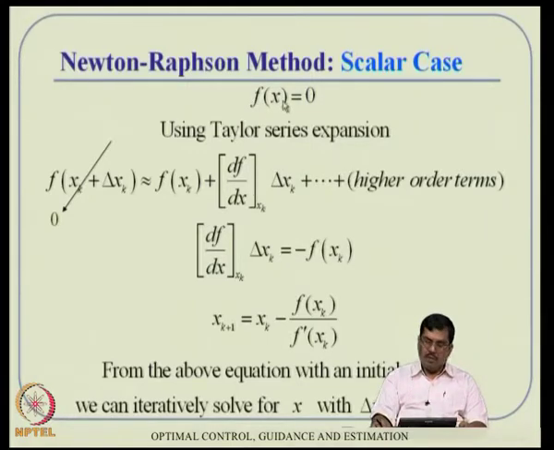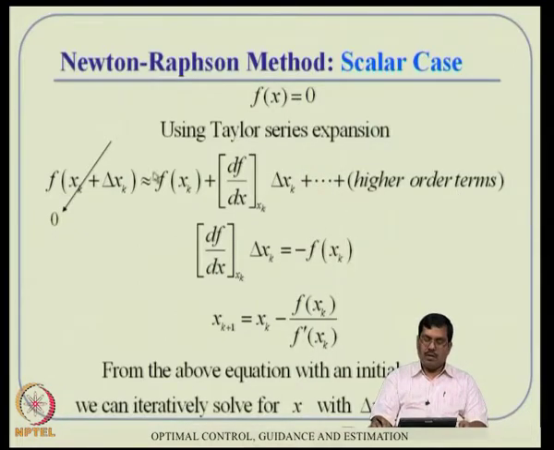However, you want to find a delta xk such that if I make it xk plus delta xk, then f of xk plus delta xk is equal to 0. That is what it means. If my delta xk is proper, then xk plus delta xk will be a root of this equation. That is the whole idea. Now I will interpret this f of xk plus delta xk in a Taylor series expansion.